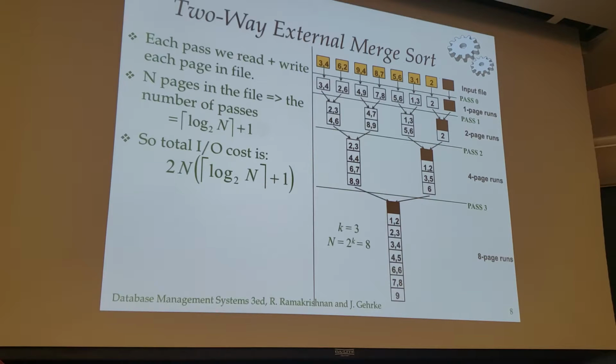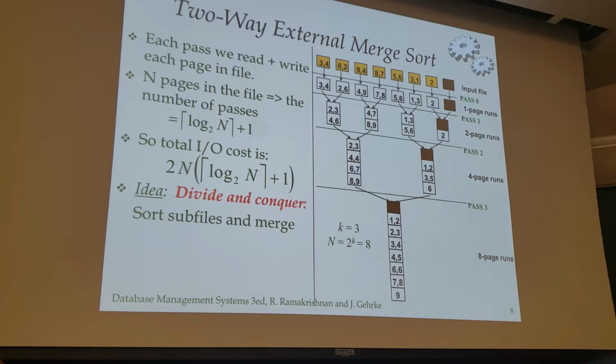Log to the base 2 of n plus 1 with the ceiling. How much work do you have to do to read and write in each pass? 2 times n. So the total I/O cost is 2n times the number of passes, about 2n log to the base 2 of n. It's an order n log n algorithm, but that's the precise value, assuming that things aren't staying in memory, that you have to read them in each time.